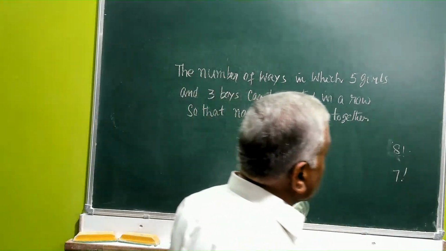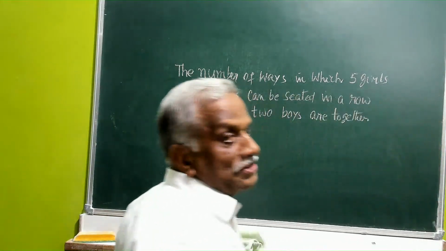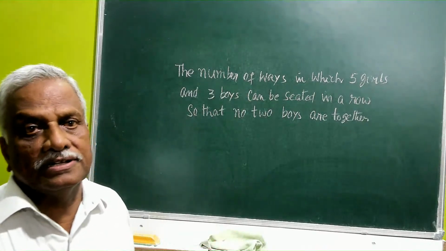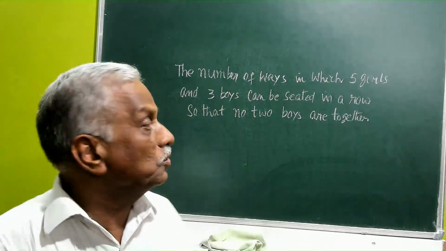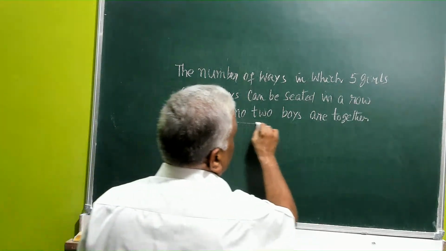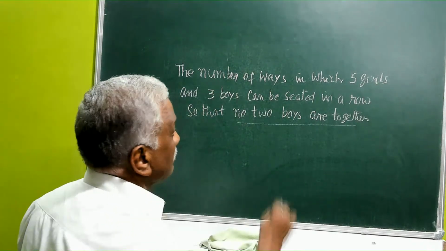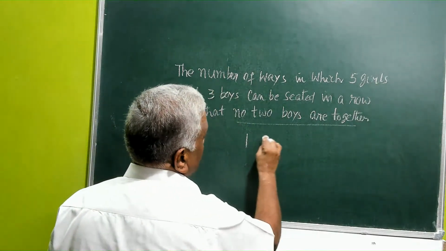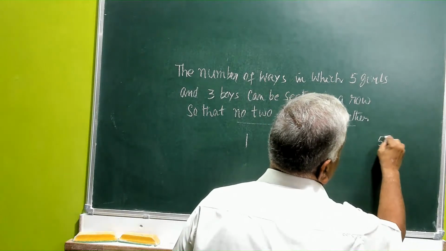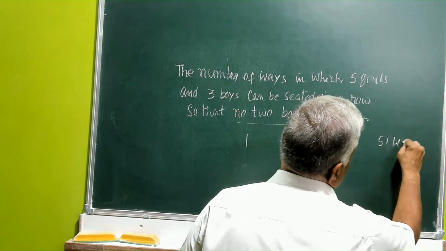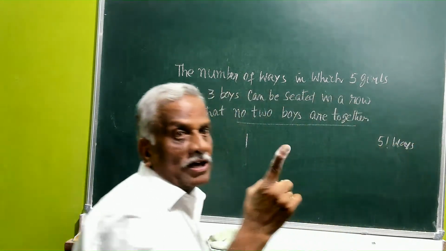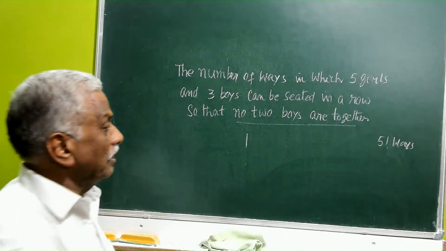But the problem will not be so simple. What's the condition? No 2 boys should be together. So what you do is you first arrange the girls. How many girls are there? 5 girls. How many ways can you arrange them? 5 factorial ways.